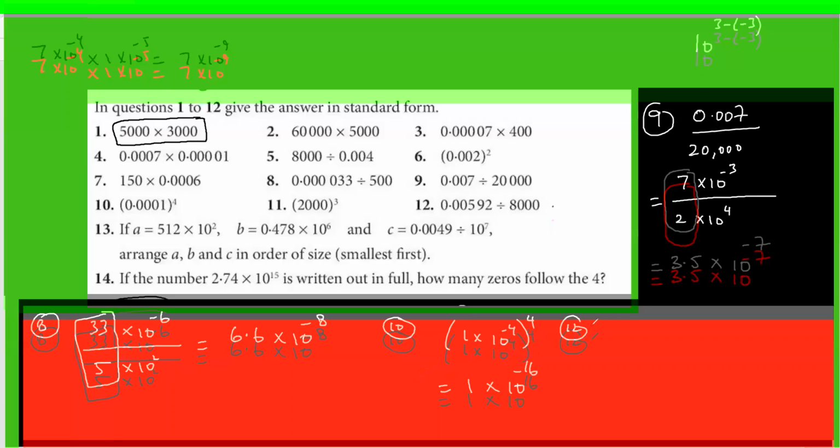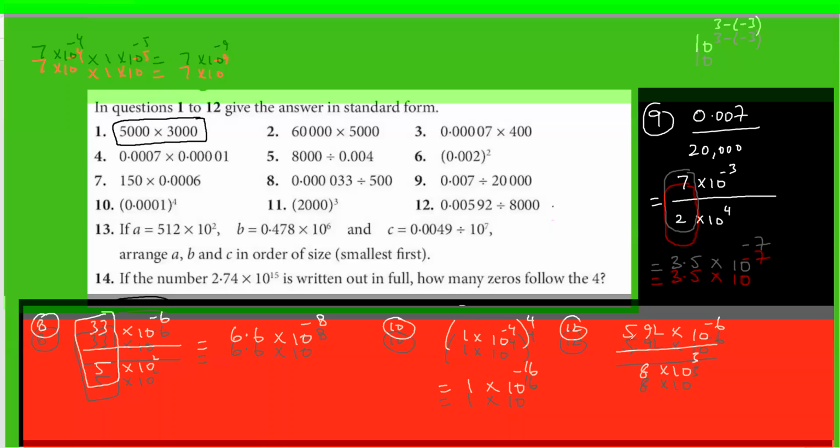Okay. Who else is here? Anyone who would like to tell us how they have done this 0.00592? I would in fact do it like this, into 10 raised to power minus 6 and then divided by 8 into 10 raised to power 3.